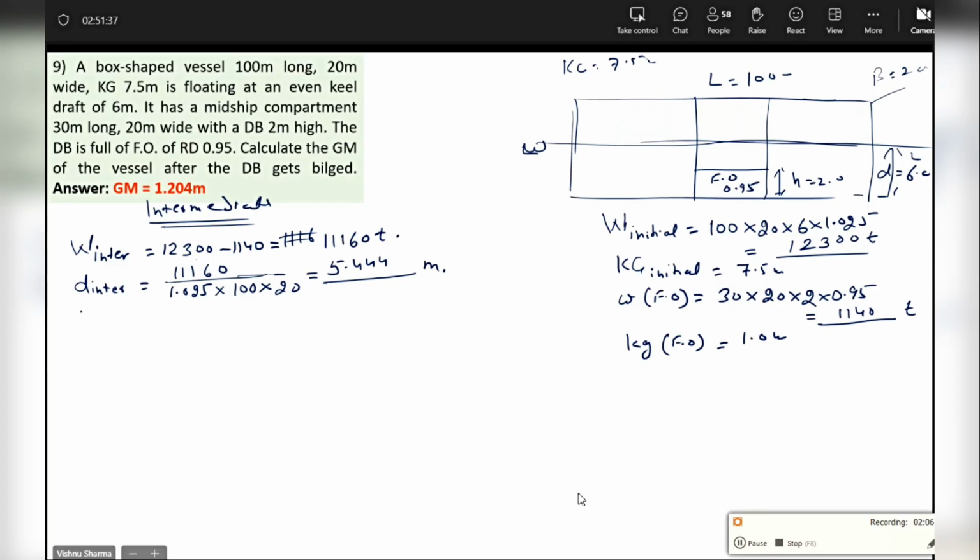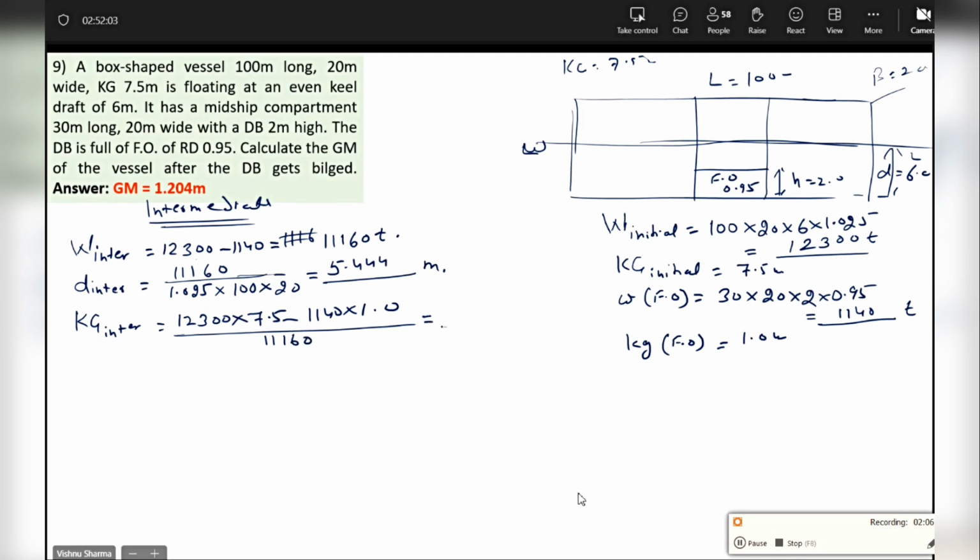And I also find out the KG of the vessel in the intermediate condition. It will be the initial vertical moment, 12,300 into the KG of 7.5, minus the vertical moment of the oil assumed to have been discharged, that is 1140 into 1, divided by the final displacement 11160.